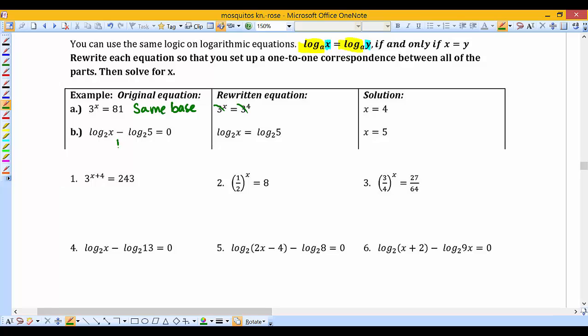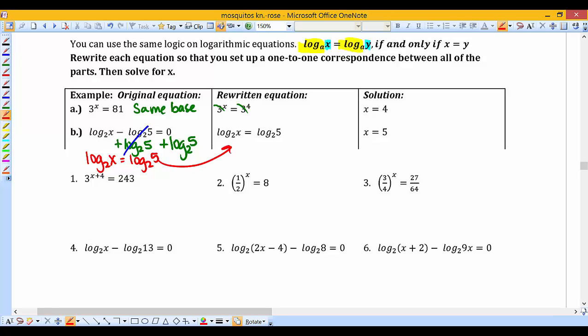Don't. You have to get the logs on opposite sides. So you move a log just like you would any other value or variable. Since it's being subtracted, I add it to both sides. So now I have log base 2 of x equals log base 2 of 5, which is what is over here.